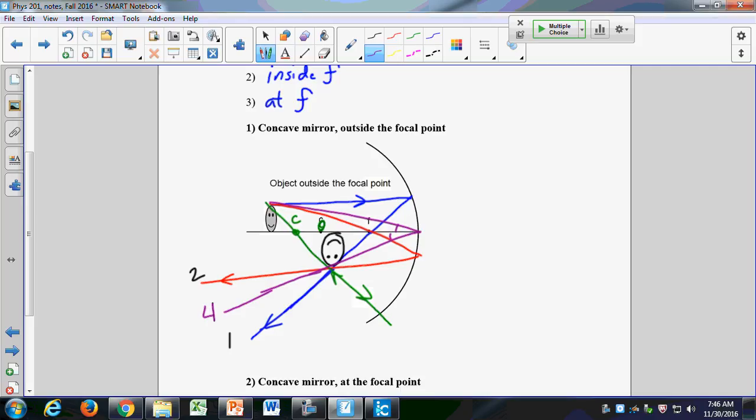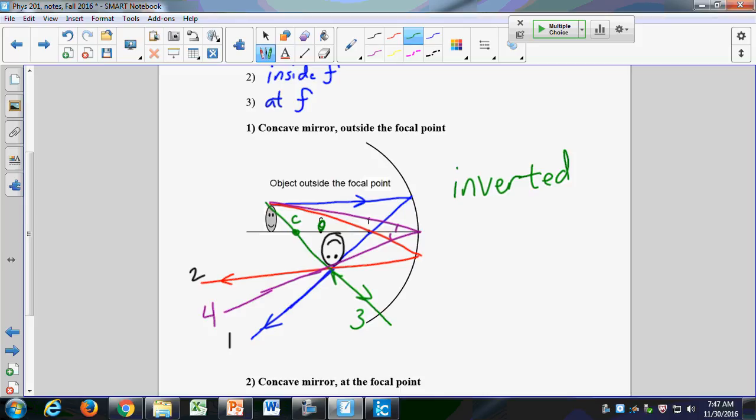So this is ray number 4, and this is ray number 3. All right, so these are all the rays that we have. If an object is outside the focal point, it produces this type of image, an inverted image. It may be bigger or smaller. It sort of depends on where it is.